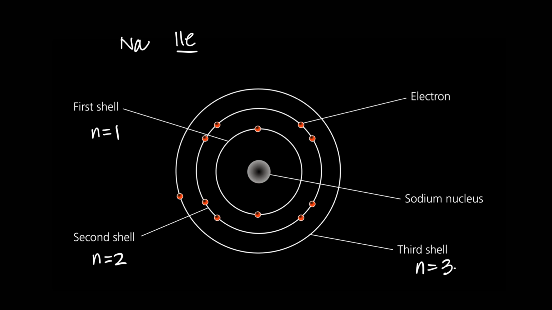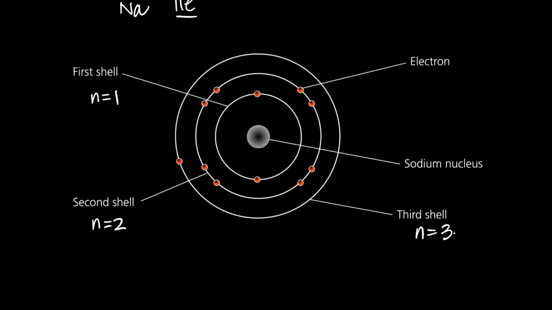Now, understand how we fill electrons. I'm going to use an analogy of a hotel to help you start filling these shells. Imagine that electrons are people and shells are floors in a building. Let's say I'm talking about the atom of aluminum.